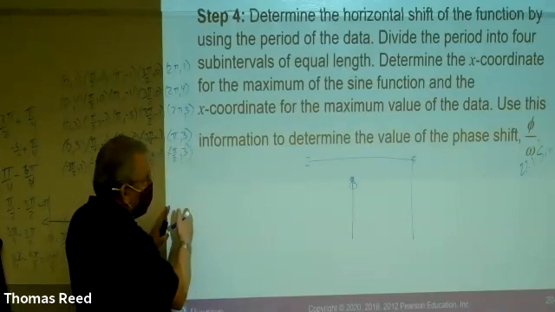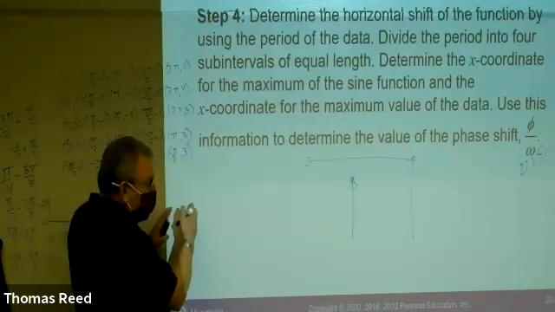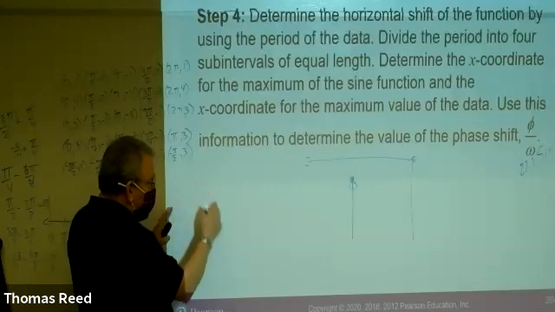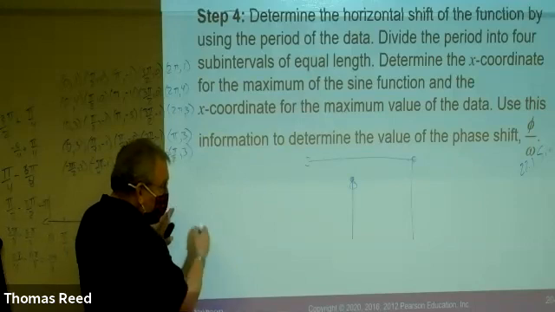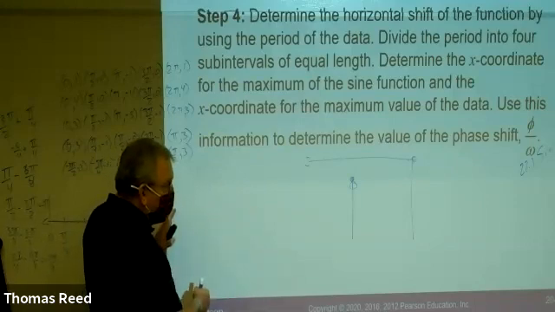So if we're looking at sine, then at 3 it hits its maximum, and at 9 it hits its minimum. And at the multiples of 6, it will be at 0.